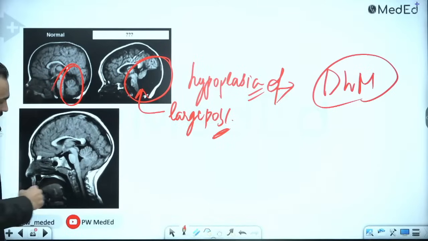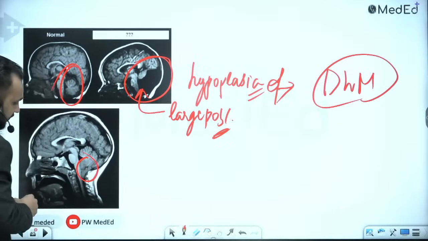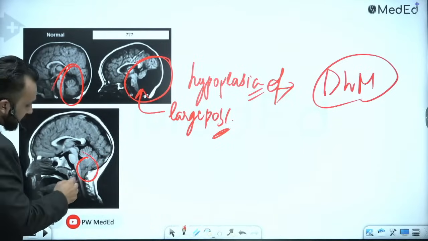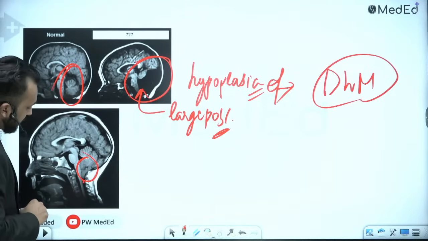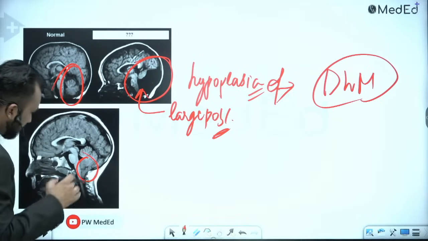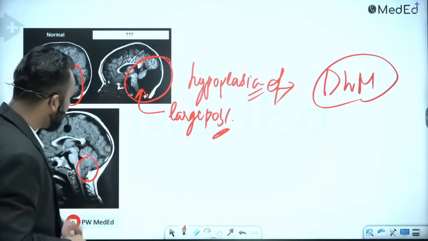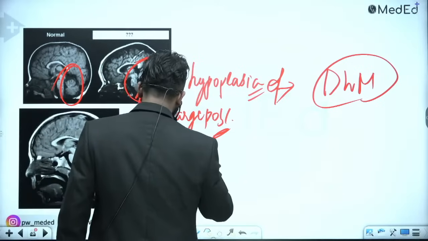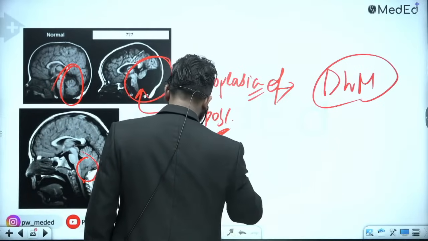And in the second image we can see that there is herniation of the tonsils through the foramen magnum. So this is seen in a patient with Arnold-Chiari malformation.